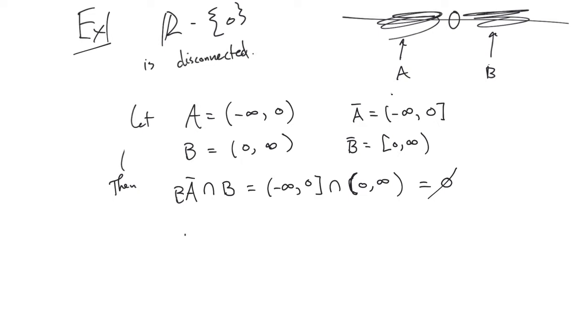And then we also have to check that other one, A intersect B bar, but it's basically the same. This time A is that open interval, intersect this closed interval. And again, this is the empty set. And having demonstrated those, it means that E is disconnected.